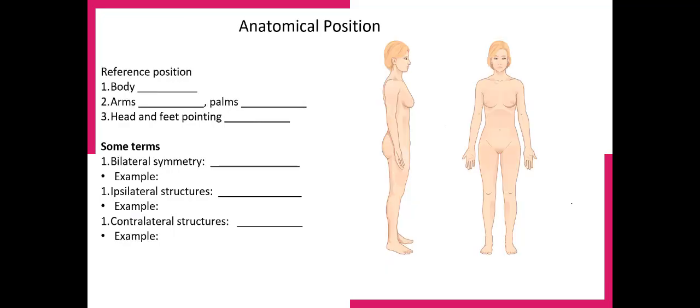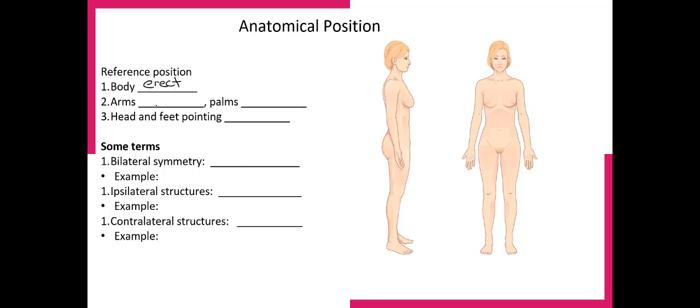I'm going to then turn our attention to, again, another type of organization. And in this, what I'm going to talk about is the anatomical position. So the anatomical position is a reference position so that we know how to refer to somebody, right? So in the anatomical position, the reference position is the body is erect, so standing up, right?